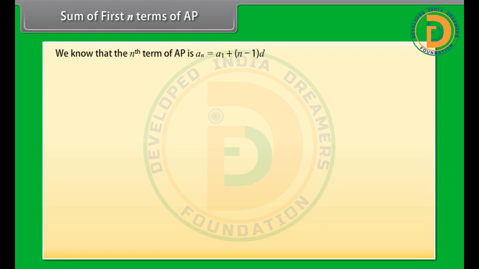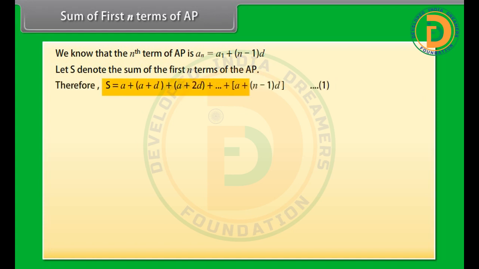We know that the nth term of an AP is an is equal to a1 plus (n minus 1)d. Let S denote the sum of the first n terms of the AP. Therefore, we have S is equal to a plus (a plus d) plus (a plus 2d) plus so on plus (a plus (n minus 1)d).